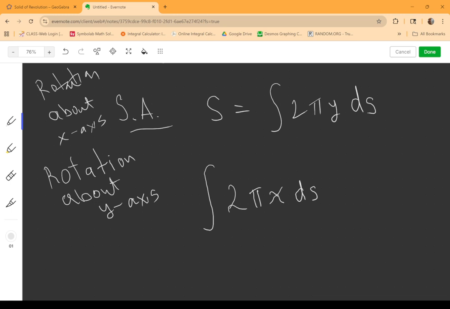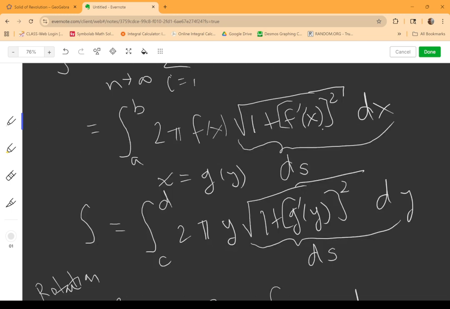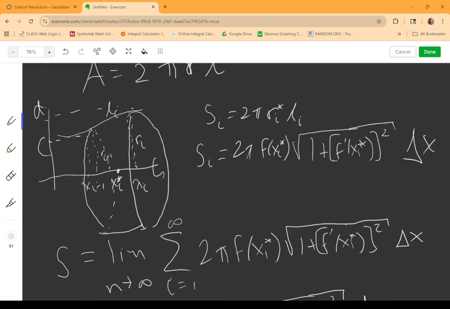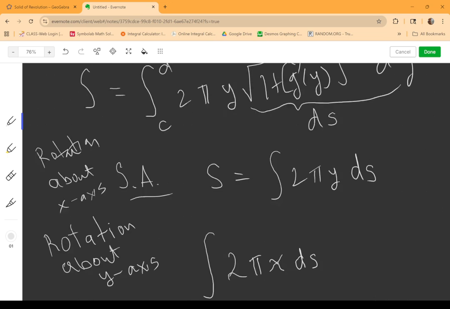If we have either this one or this one, depending on what function is easier to evaluate.